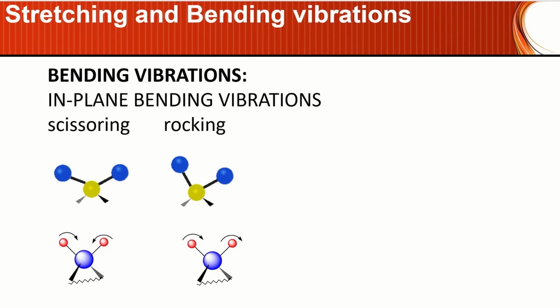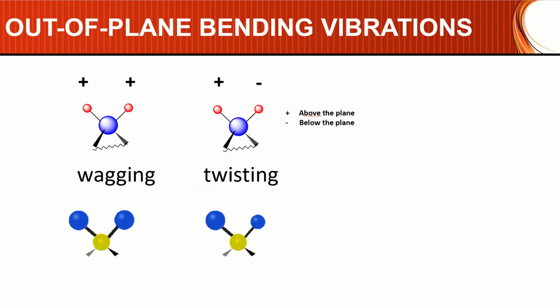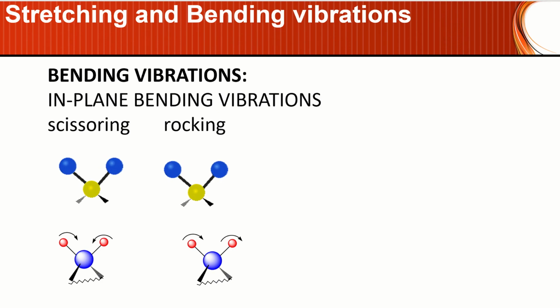So these are bending vibrations. We have scissoring, and I don't have to explain the movement because you're seeing the movement both in the animation and otherwise. All right, so that was in-plane bending vibrations.